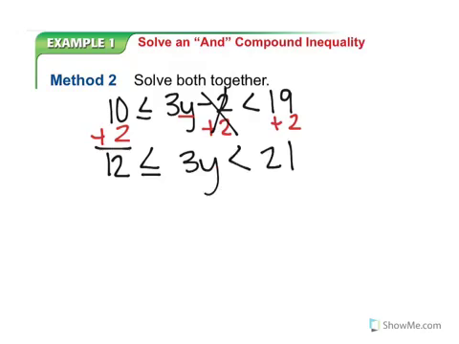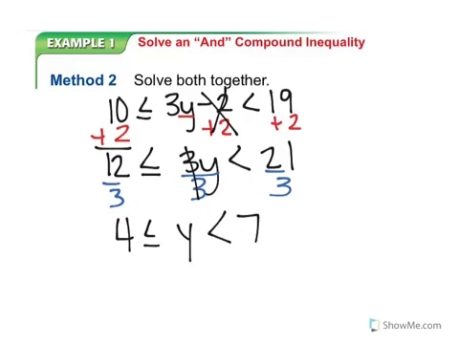And our last step is, since we want y by itself, we're going to divide everything by 3. 12 divided by 3 is 4. 3y divided by 3 is y, so we're left with y is less than 7. So it's a little bit less steps, but if you get confused easily, you can always separate it out if that helps you. And our last step is going to be to graph this.